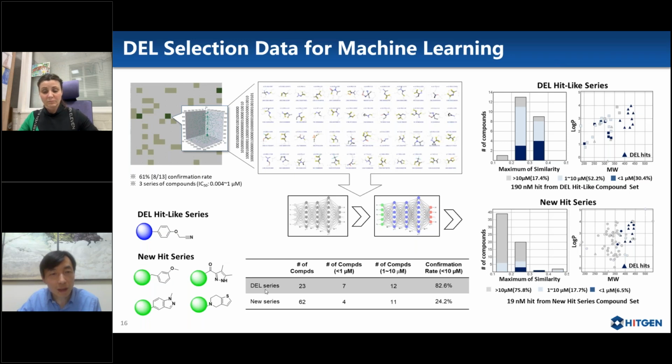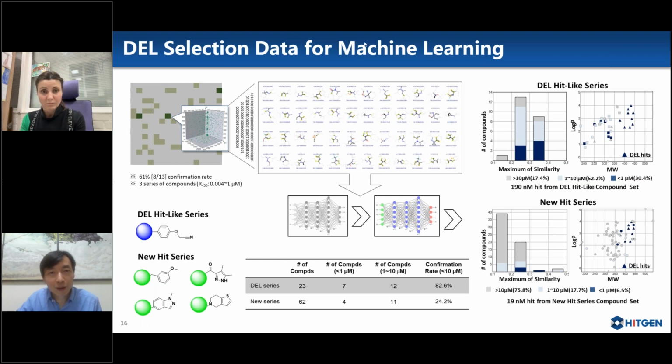One series contains the same moiety as the DEL hits, this cyanide subgroup. For this series, the AI machine learning success rate is quite high: 82% to get the active compounds.